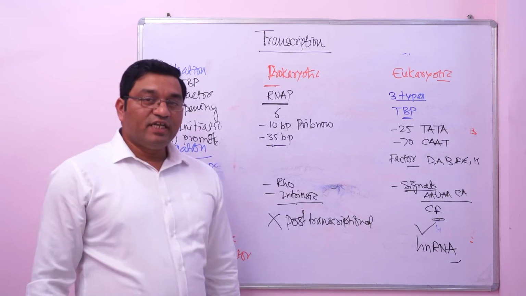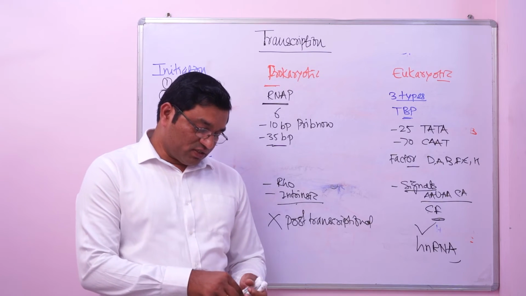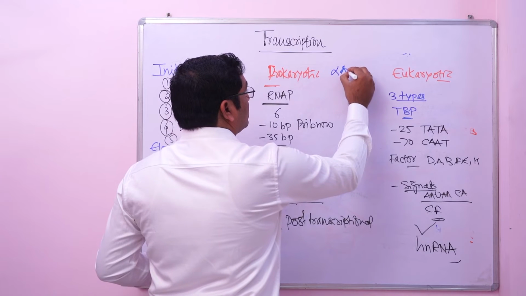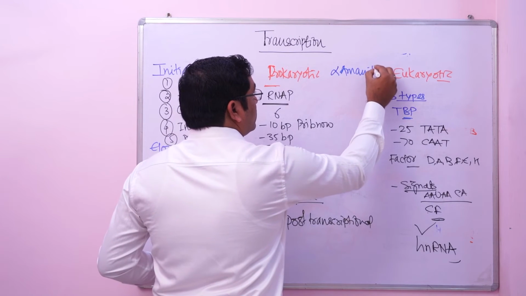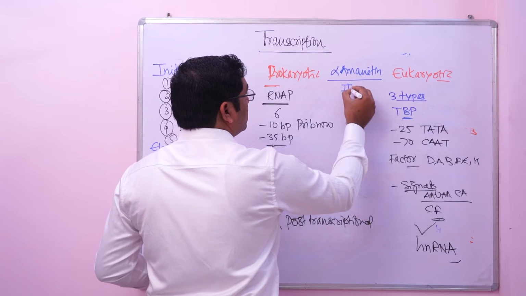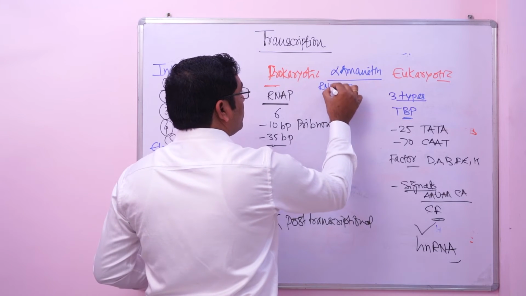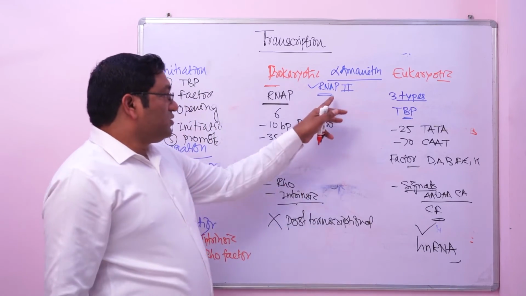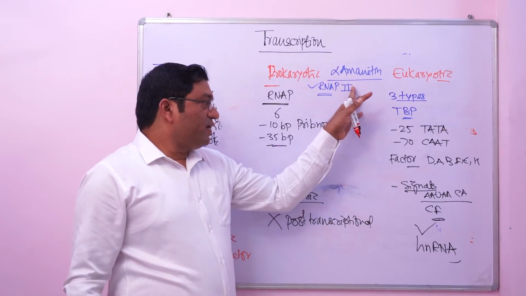Now coming to the inhibitors of transcription process, the first one is alpha amanitin, which inhibits the eukaryotic RNA polymerase 2. RNA polymerase 2 is sensitive to alpha amanitin.